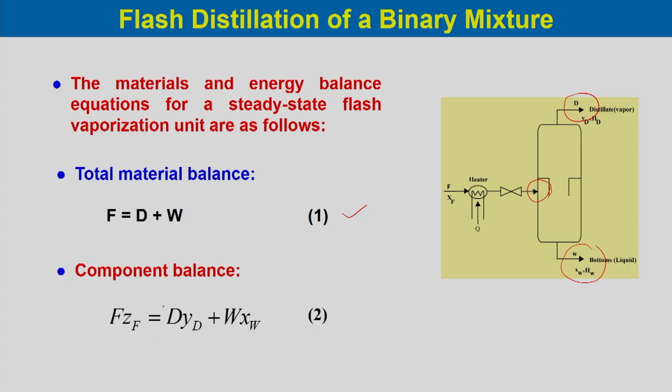So, F ZF would be equal to the distillate flow rate into the mole fraction of the solute YD in the distillate, plus W, which is the bottom flow rate, into the mole fraction in the liquid, which is XW. So, F ZF would be equal to D YD plus W XW. So, this is equation 2.